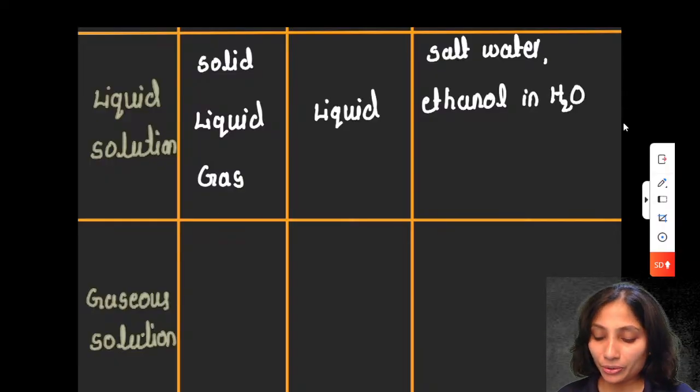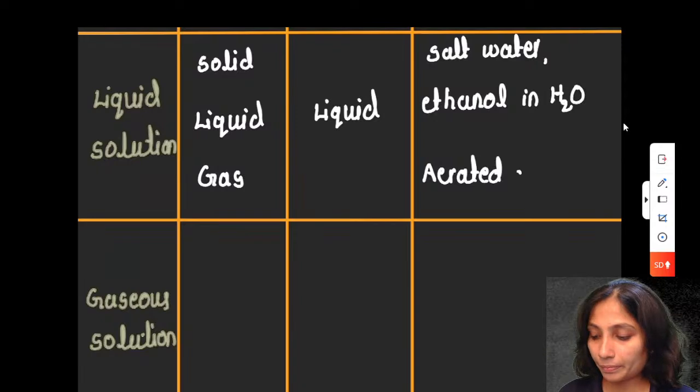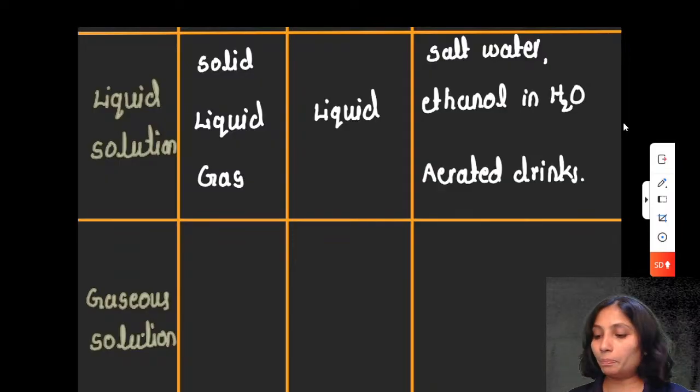Let me write aerated drinks, and oxygen in water also. So these are a few things about liquid solution.